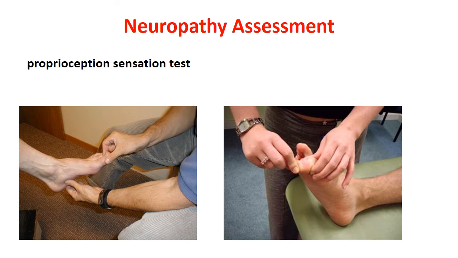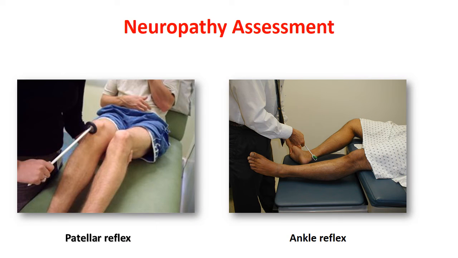Then this is how we test proprioceptive sensation. We look for sense of position and sense of movement. Lastly, we do the patellar reflex and ankle reflex. Of course, the ankle reflex is affected first due to peripheral neuropathy.